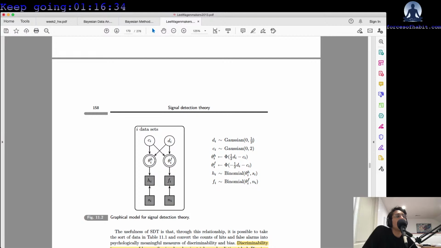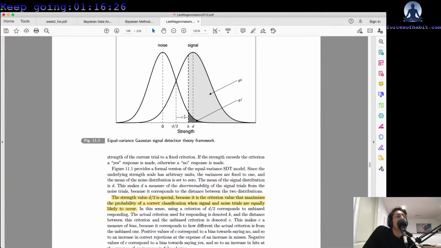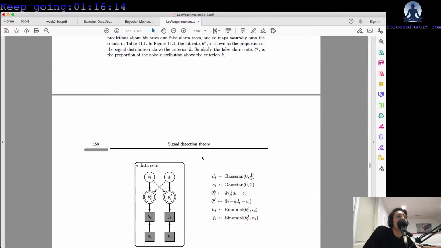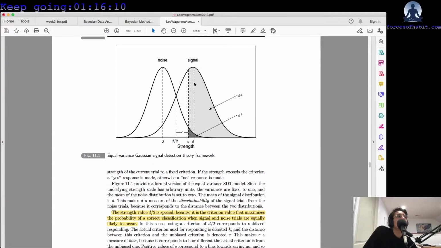And now we have our hit rates, which is the cumulative density of 1/2 D minus the bias. So if we take away whatever bias we have in the distribution, then 1/2 D. We're trying to capture this.